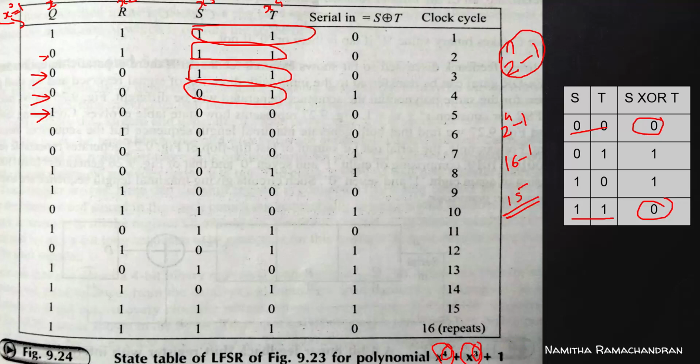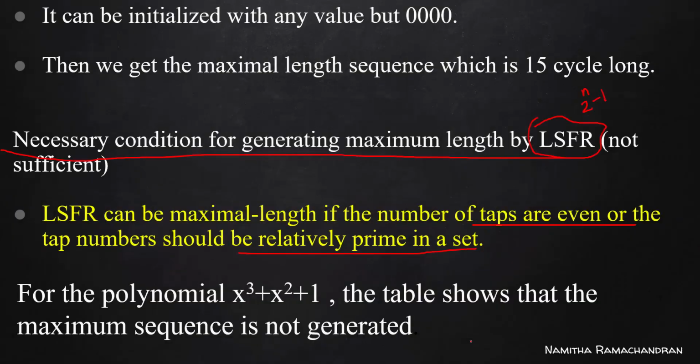So whenever an LFSR generates the maximum number of states, it should always contain an even number of taps, or the numbers associated with the taps should be relatively prime.